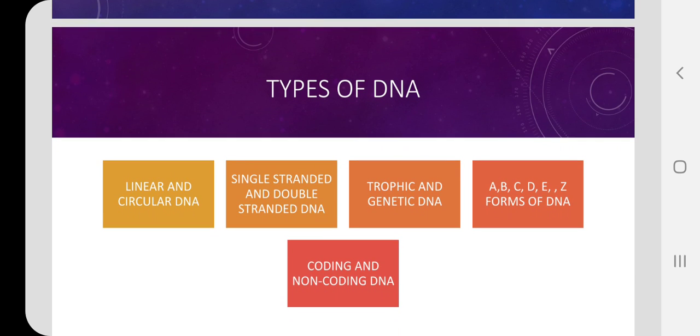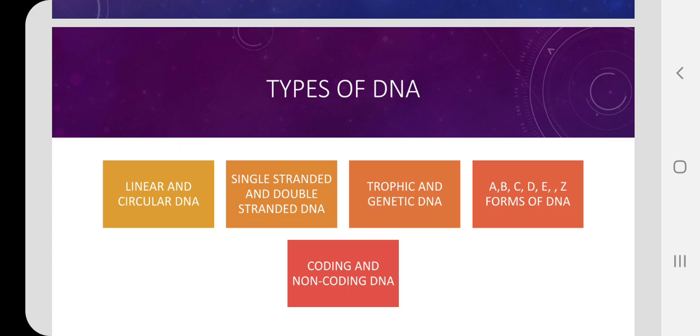And types of DNA. It is categorized on the basis of some criteria, such as linear and circular DNA found in prokaryotic and eukaryotic cells. In eukaryotic cells, mostly linear DNA is found, which has free ends and is associated with protein to form a number of chromosomes, whereas in prokaryotic cells circular DNA is found, also in mitochondria and plastids of eukaryotic cells, and they form a single chromosome.